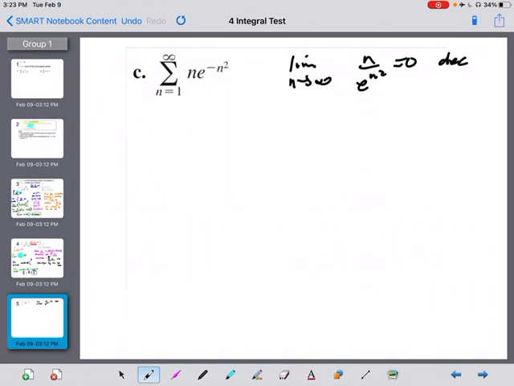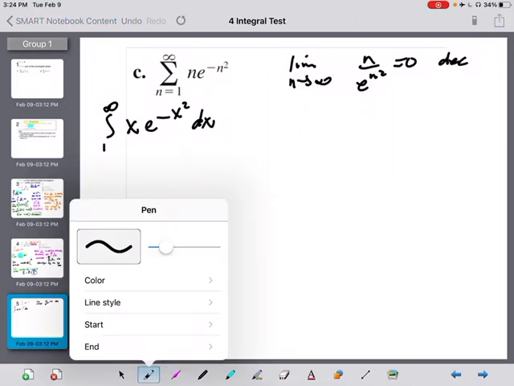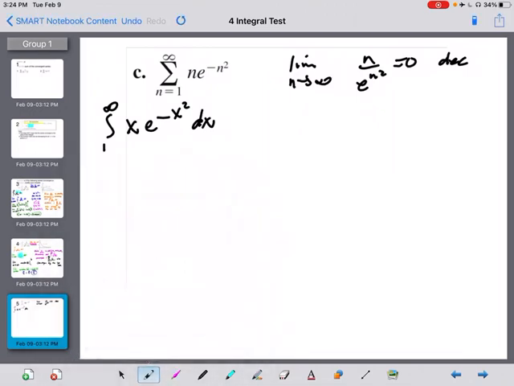All right, so let's go ahead. I'm going to go here with the integral from 1 to infinity of x e to the negative x squared dx. Change it to a proper integration, incorporating limits: the limit as b approaches infinity of the integral from 1 to b of x e to the negative x squared dx.